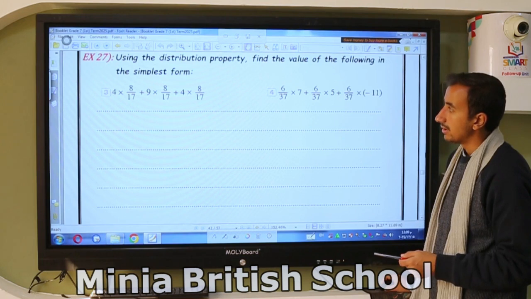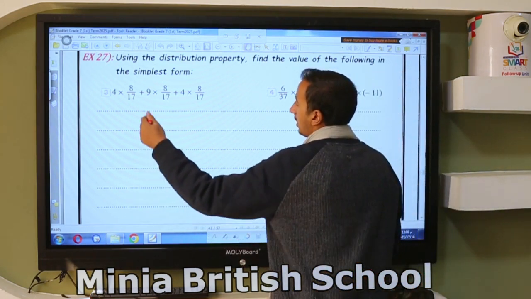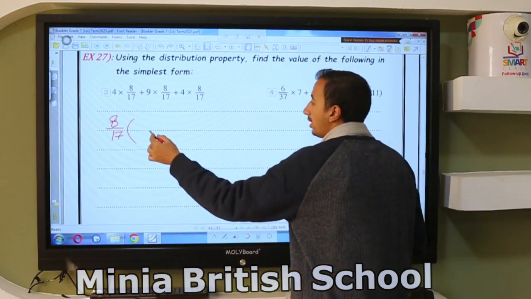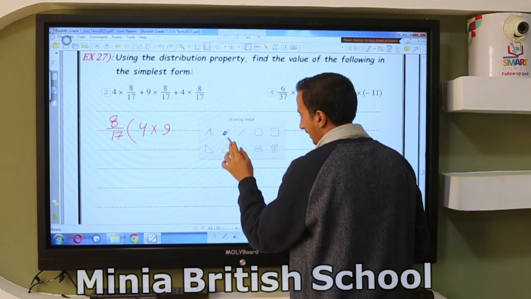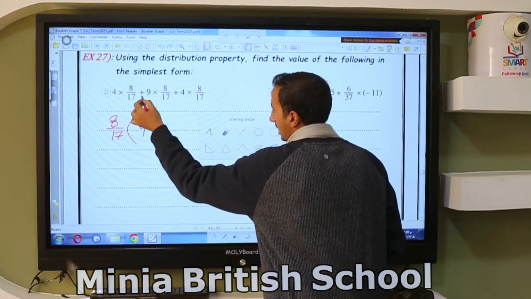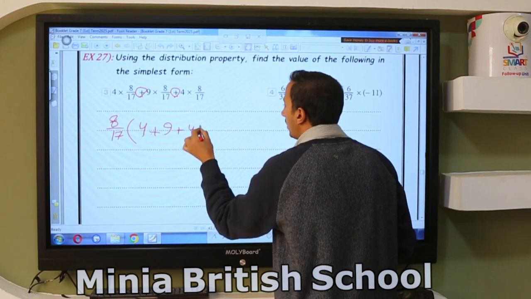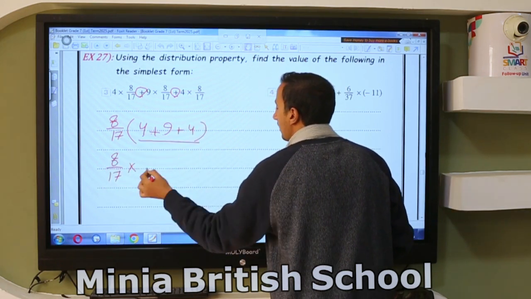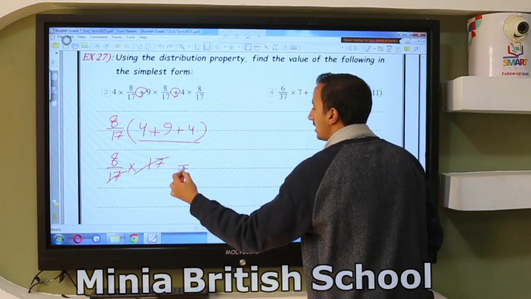Using the distributive property in the simplest form in rational numbers. Here I have 8 over 17 as a common factor. Open the brackets: 4 times 9, plus, inside the bracket we make the addition, not multiplication, plus 4 plus 9 plus 4. Here 8 over 17 times 17, cancel 17 numerator with denominator, it will be the answer 8.